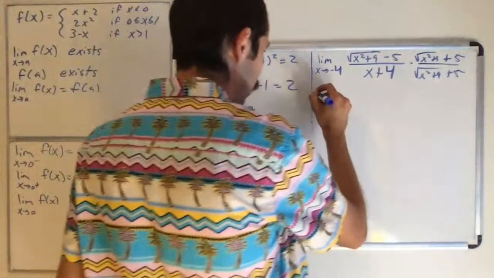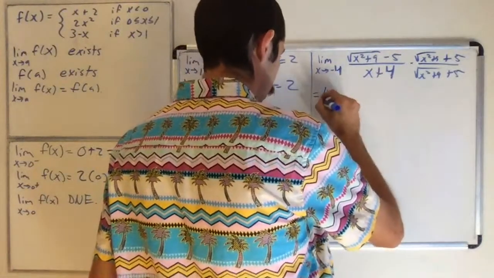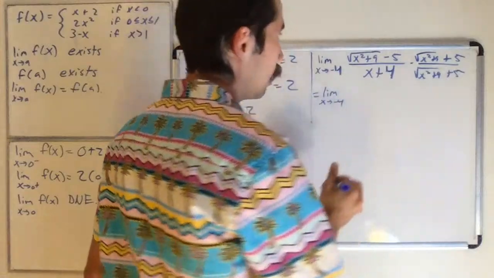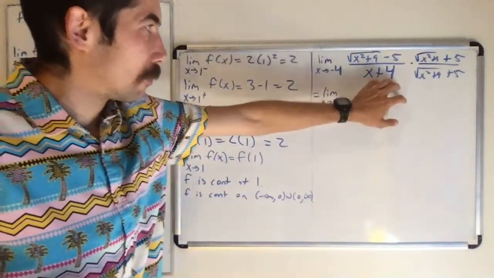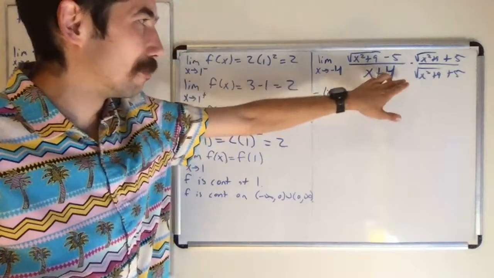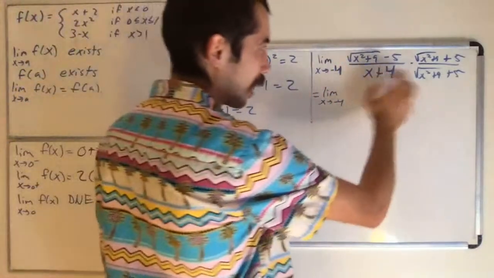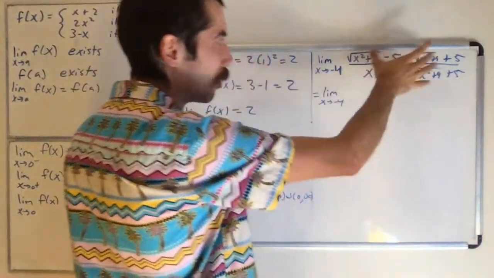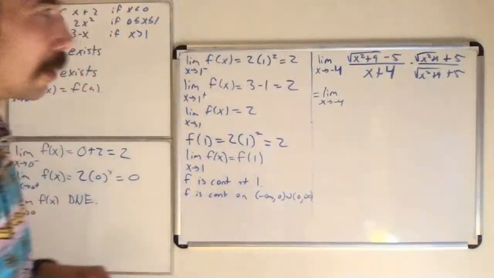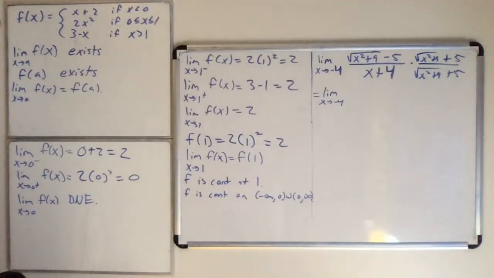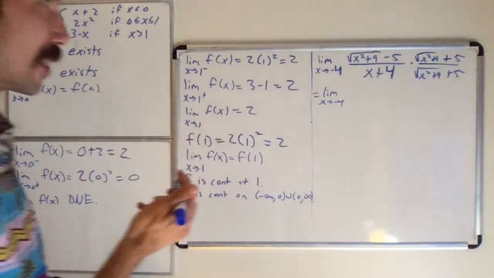Okay, and so our limit, and another good strategy is, with the denominator, there's no need to multiply this out. The numerator will multiply out because that's the whole point of multiplying by the conjugate, to clean up our numerator. But the denominator we could just leave as a product.